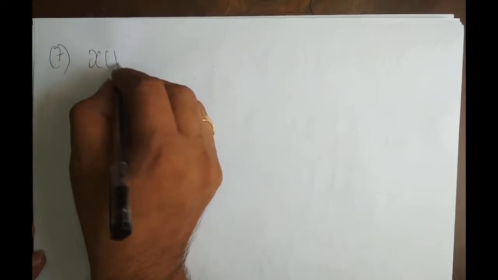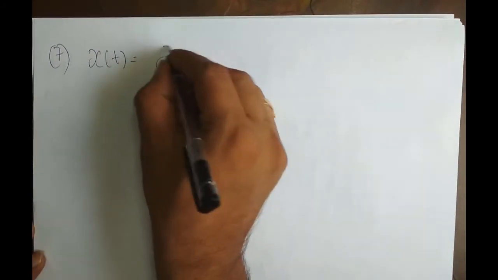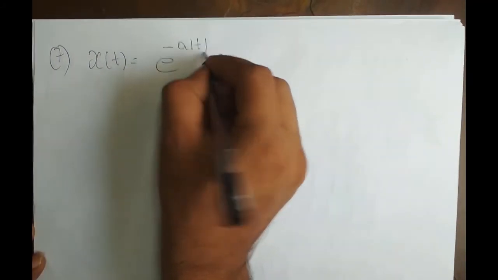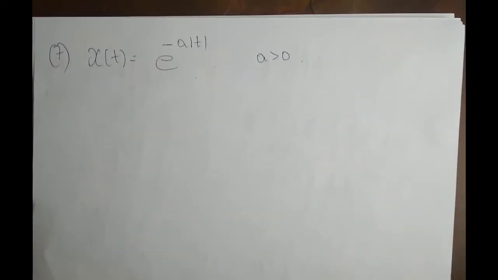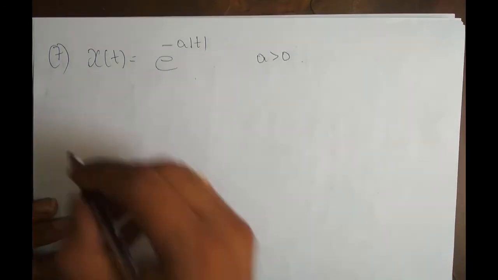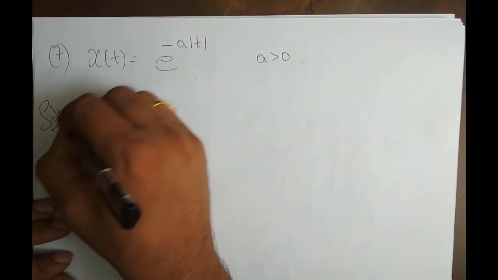Next, problem number 7. x of t is given by e power minus a into mod of t, provided a takes only positive values. This is a new kind of signal for you, so before solving the problem, we will see what the signal looks like.